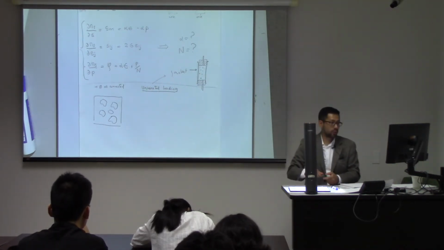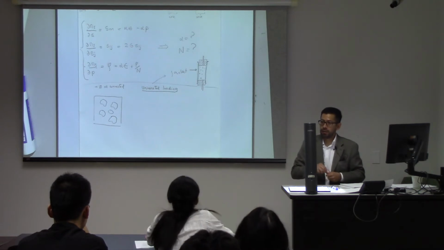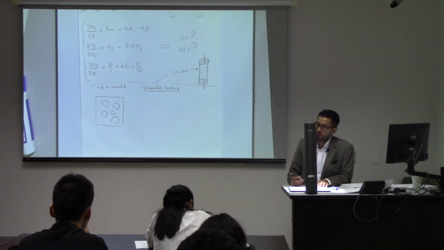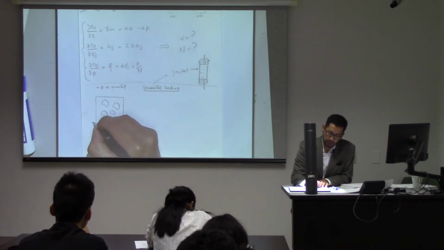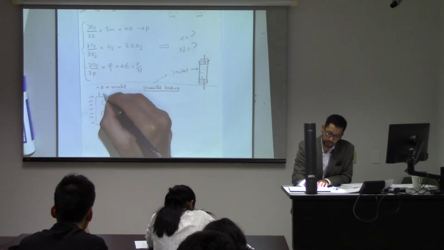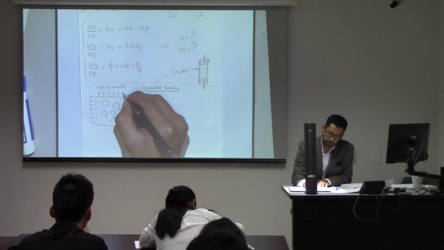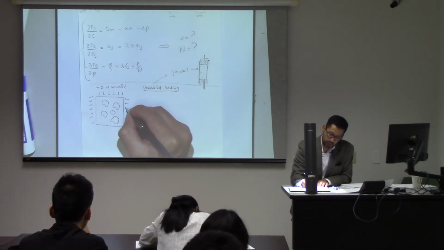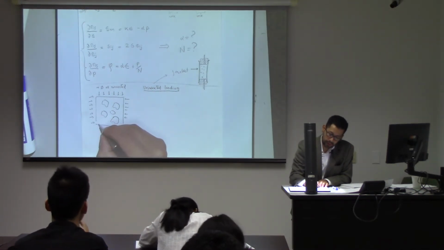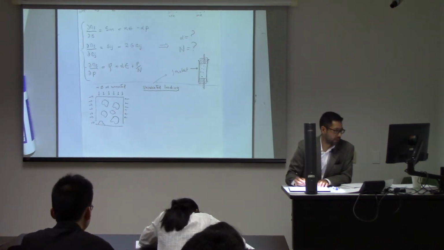So in this case, we're not going to put any jacket around the rock. We're going to fill it with fluid and apply a pressure P all around the rock. And let me make a pore here on this side.